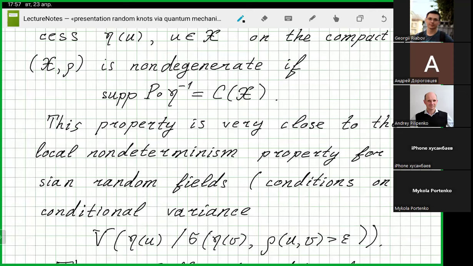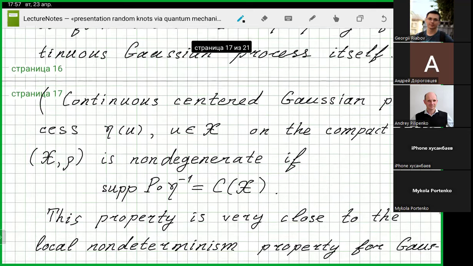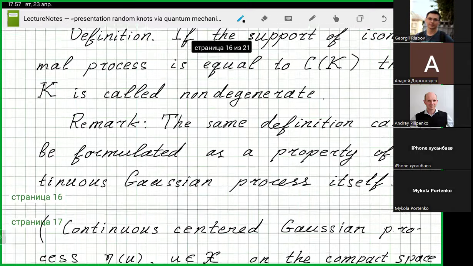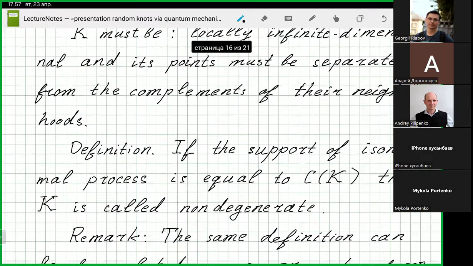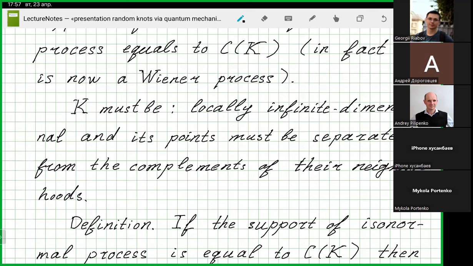Gaussian local non-determinism in different variants says this quantity, depending on epsilon, like some power of epsilon or some other function of epsilon, is estimated from below. And here we say that points must be separated from the complements of their neighborhood.